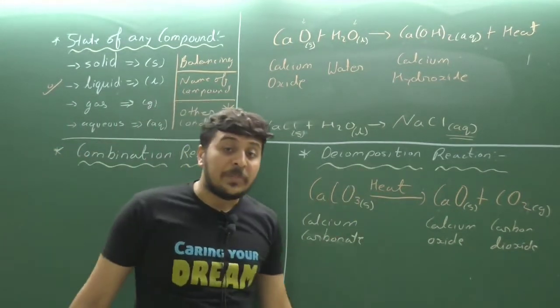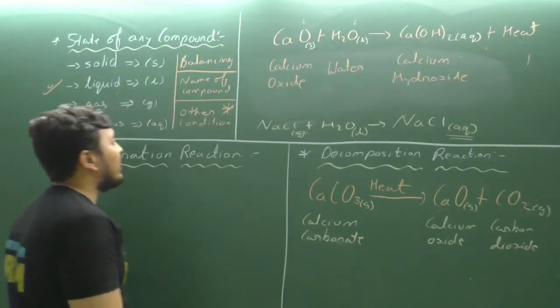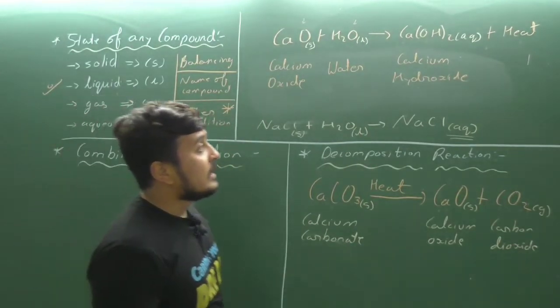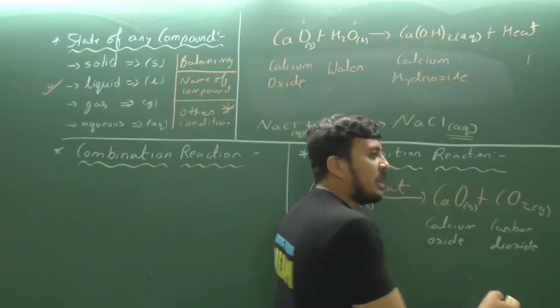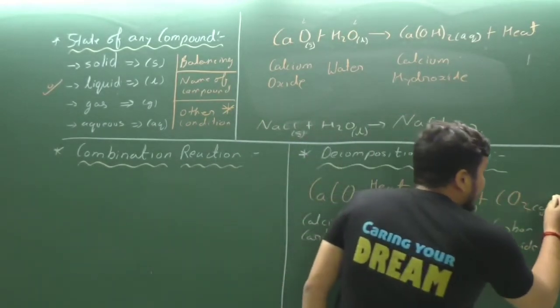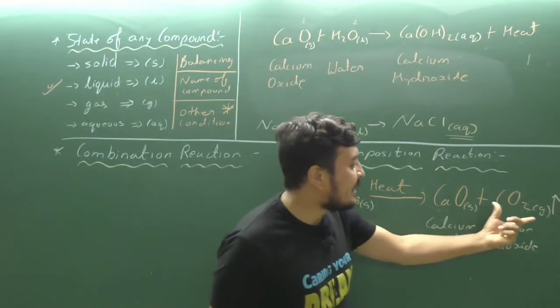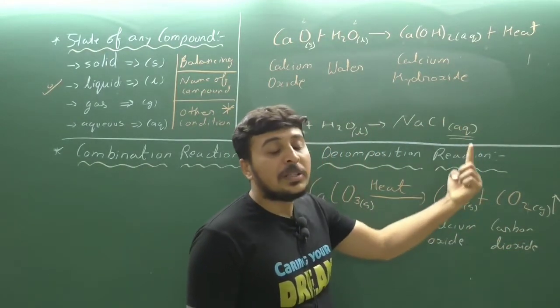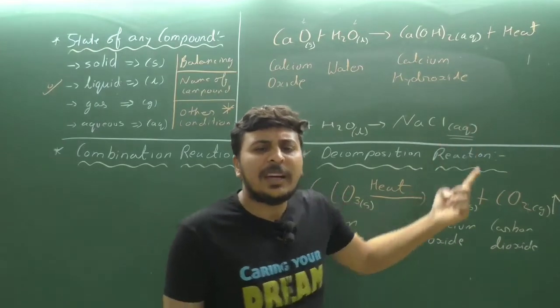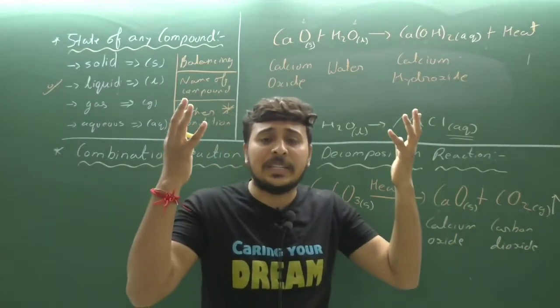So simple. Now the last thing we need to remember is evolution of gas. See here, gas is evolved, carbon dioxide will be released, so we need to put an upward arrow, which indicates that carbon dioxide is released. Why? Because gas is always released in the upward direction.